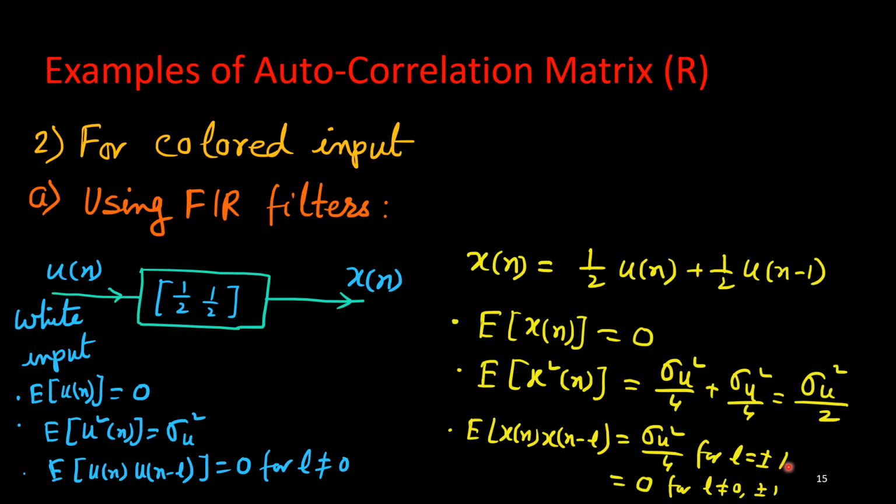And if L is other than plus minus 1, then obviously the expected value of x(n) times x(n minus L) will be 0. But here you remember that L should not equal 0, because whenever L equals 0, you will get the expected value of x square n, and that value is sigma u square by 2.